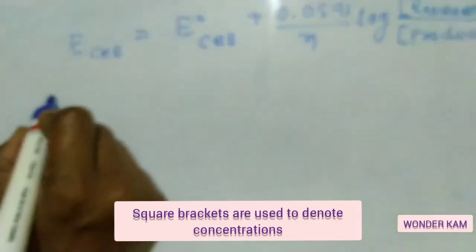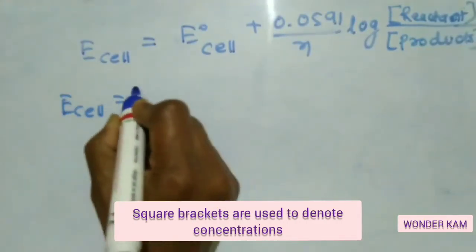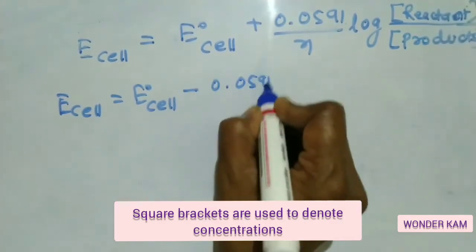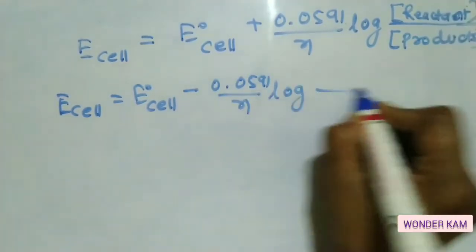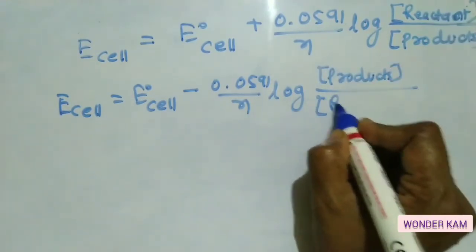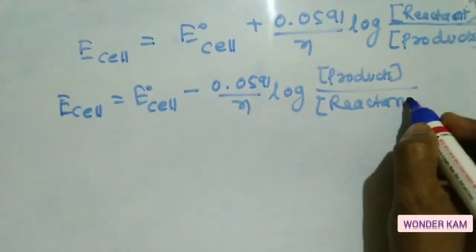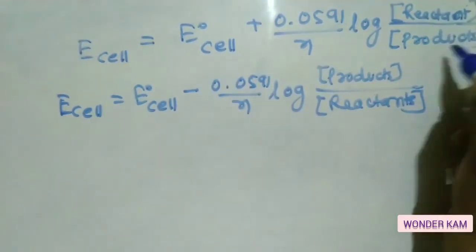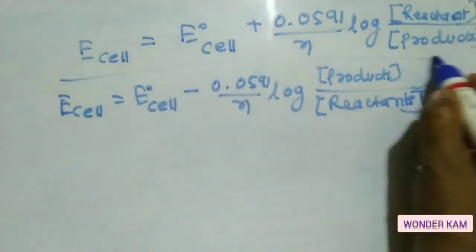Or else we can write E cell = E°cell − 0.0591/n log concentration of products by concentration of reactants. Here only the plus and minus are interchanged, so you should remember that.